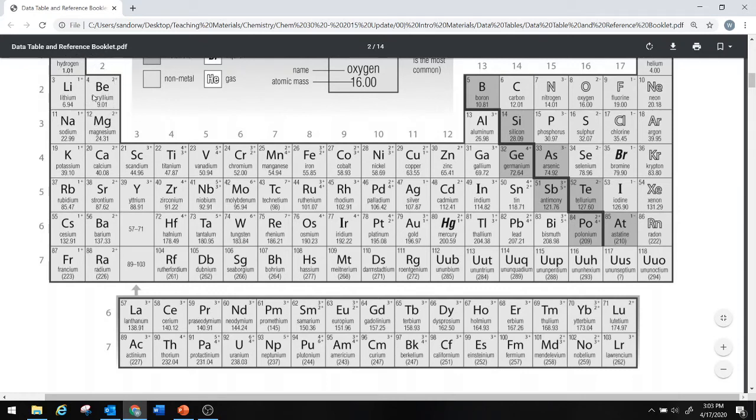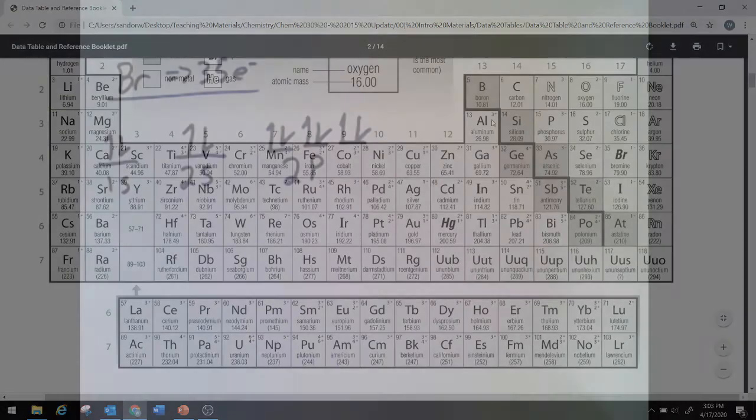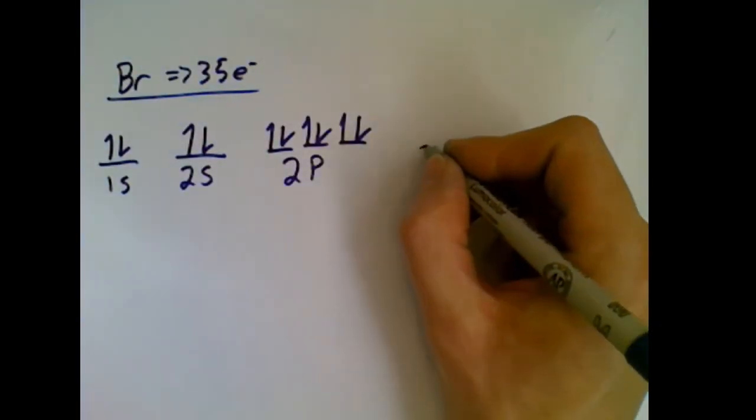S is the first part here. 2p starts here. There are 6 here. What's going to come next? Well, 3s followed by 3p. So let's do that. 3s comes next.